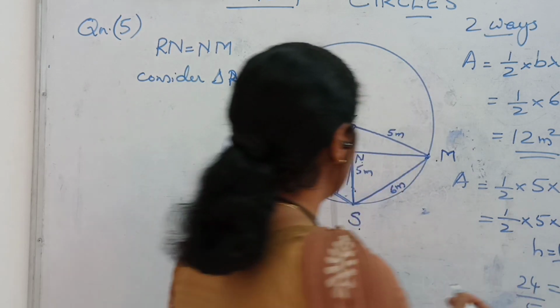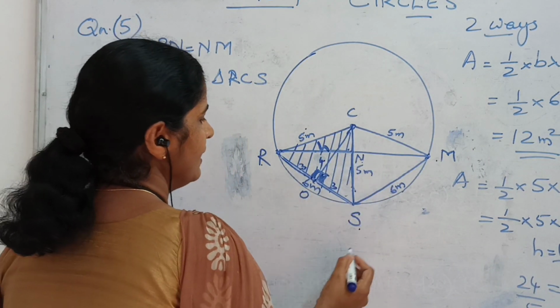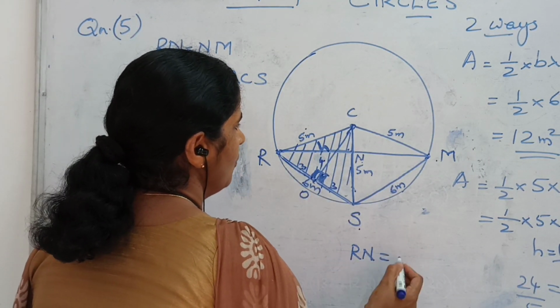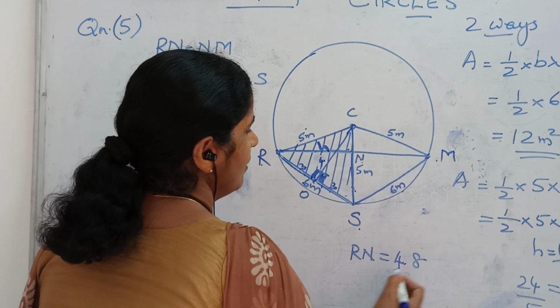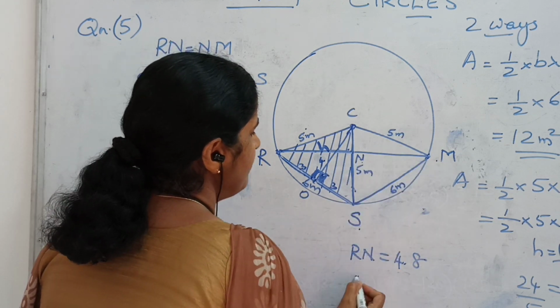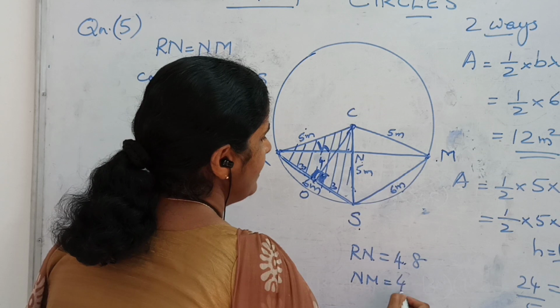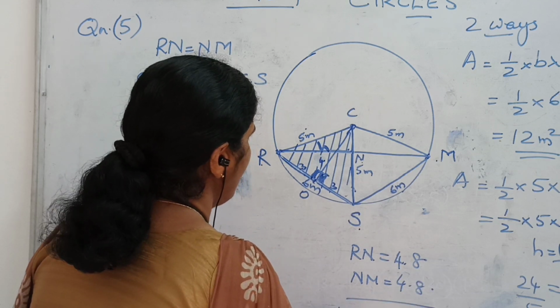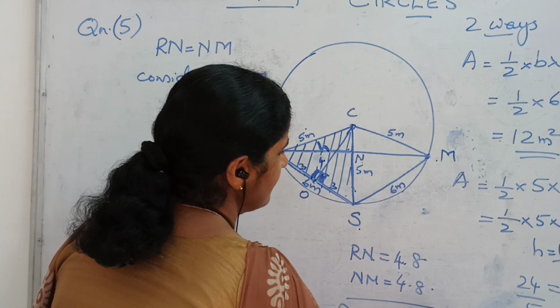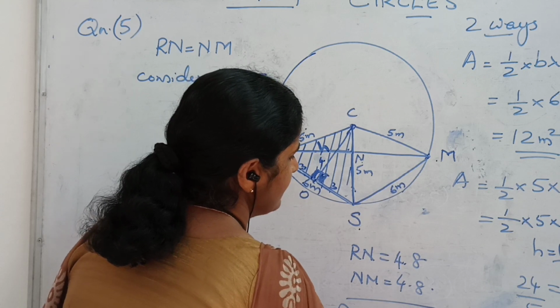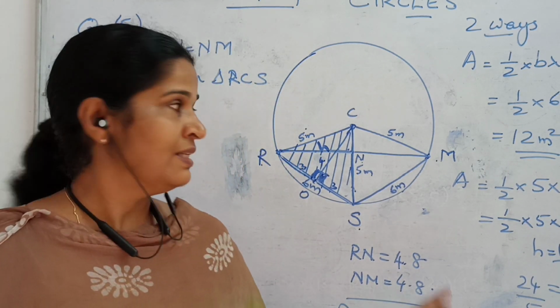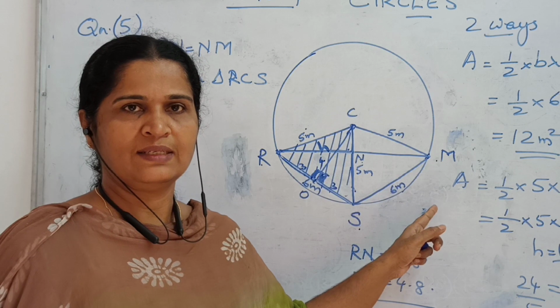So 4.8 meters is the distance from here to here. That is, RN is equal to 4.8. And again this distance NM is equal to 4.8. So the total RM is 9.6 meters.